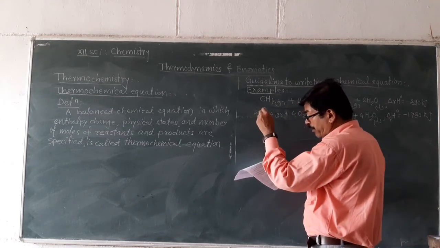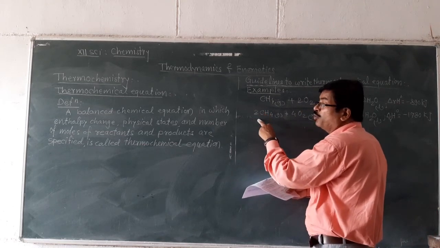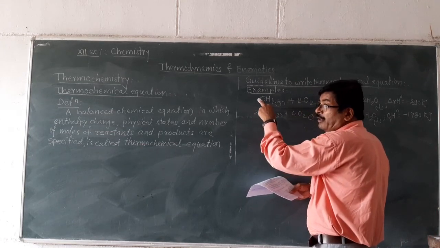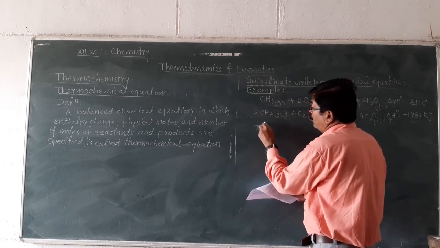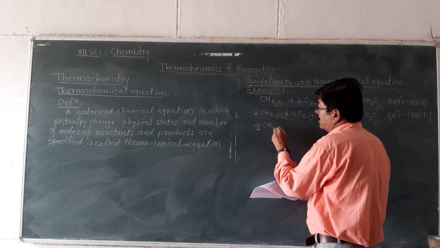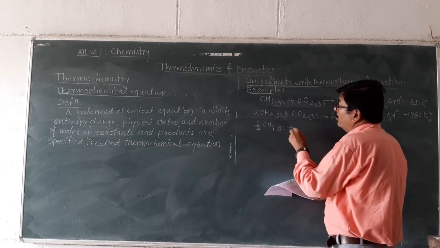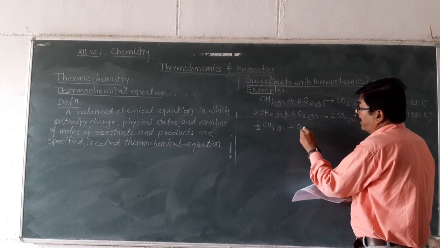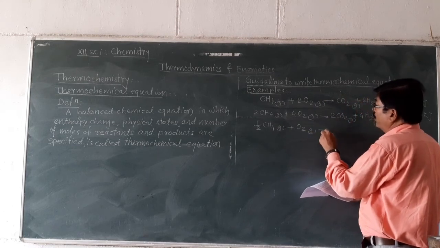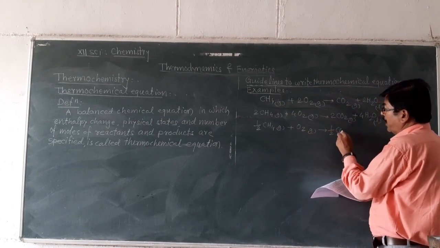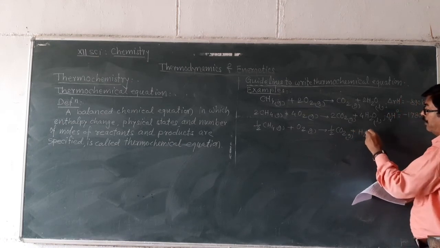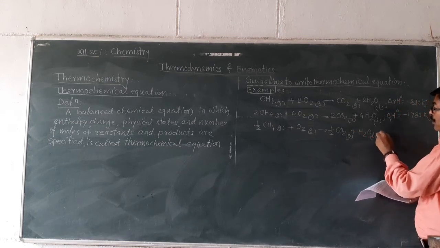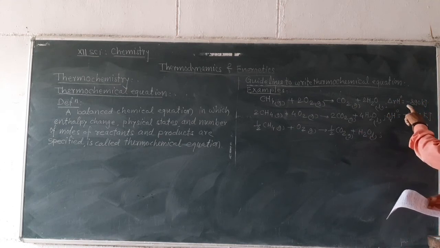Then, if you divide equation 1 by 2, you will get 1 half CH4 gas plus O2 gas to give 1 half CO2 gas plus H2O liquid. That means you have to divide this quantity by 2.